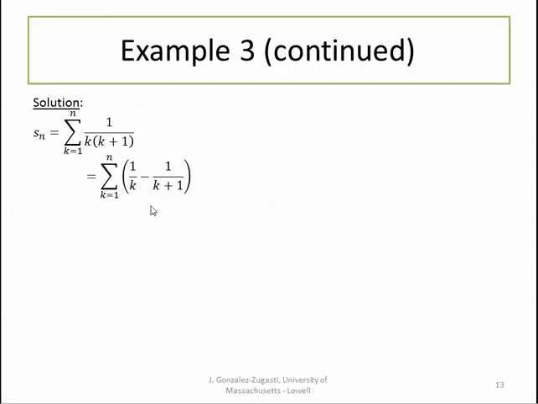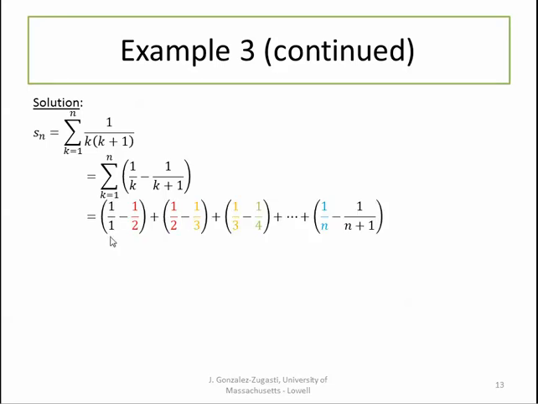Because once I do this, watch what happens. I sum up the first n terms. Here they are written out. When we do that, you can see that the last term here cancels out with the first term here. And that pattern continues. The last term here cancels out with the first term here, and so forth. As we do that, all we'll be left with is this first term here and this last term here.